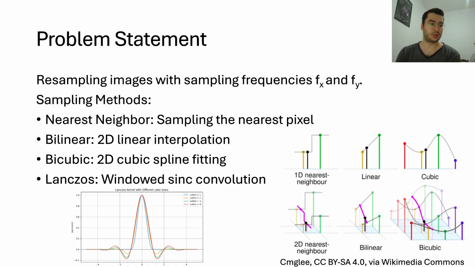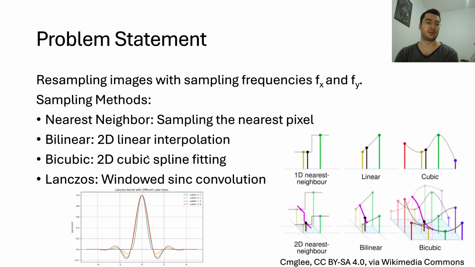And we have bicubic, which is slower but results in better output image quality. We do a cubic spline fitting. Now there are multiple cubic splines that you can fit, but specifically we are using Catmull-Rom splines, and to achieve it we use a kernel, which is getting into specifics.